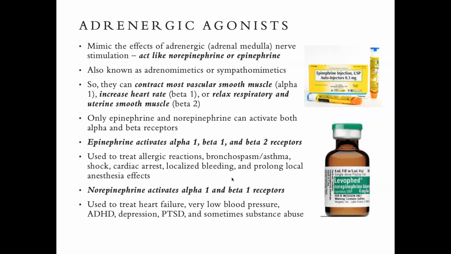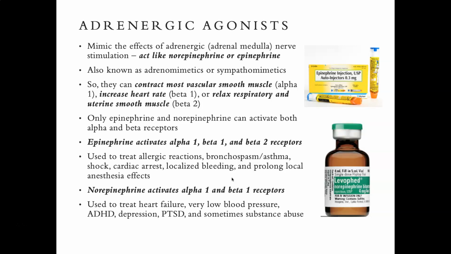Adrenergic agonists. Okay, now we just talked about the cholinergic agonists, the cholinesterase inhibitors, and the cholinergic antagonists. That was all acetylcholine. We are done with acetylcholine. We are now moving on to the adrenergic category, and that is focusing on norepinephrine, epinephrine, or dopamine.